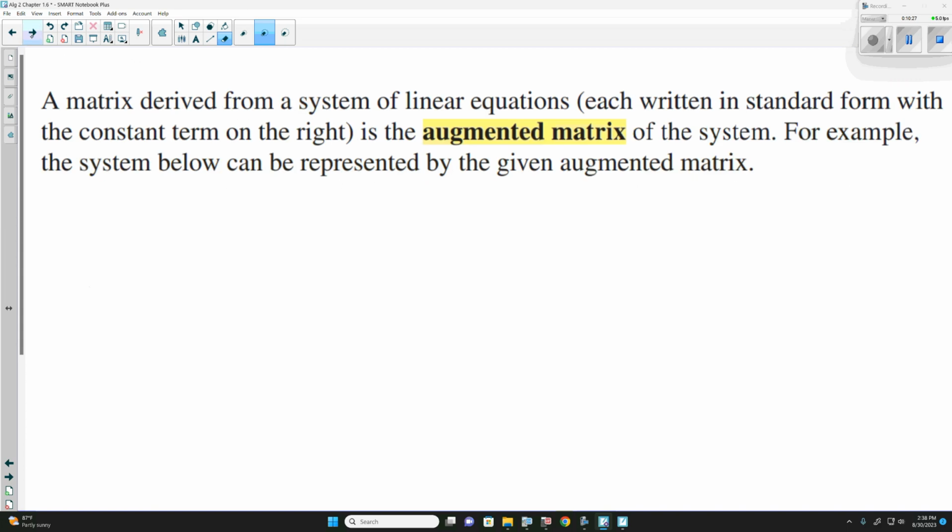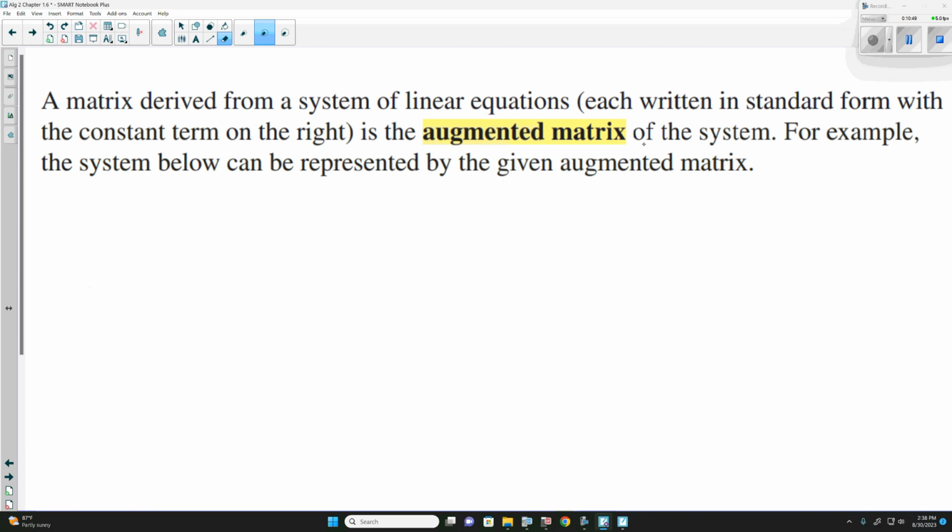Now, a matrix derived from a system of linear equations, each written in standard form with the constant terms on the right and the variables on the left, and the variables are going to be listed in alphabetical order, which means x, y, z, or x, y, is called an augmented matrix of the system.